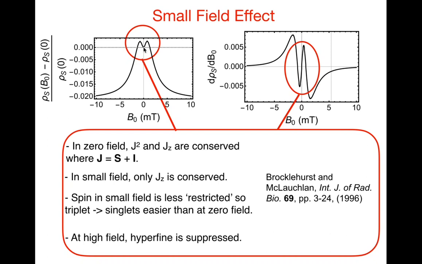Remember that we're breaking bottlenecks because we have these spin transitions, and the spin transitions, of course, must obey angular momentum conservation. So in zero field, we have more strict rules on the transitions, don't we? Because we have two conservations to obey, whereas in small field we only have one.